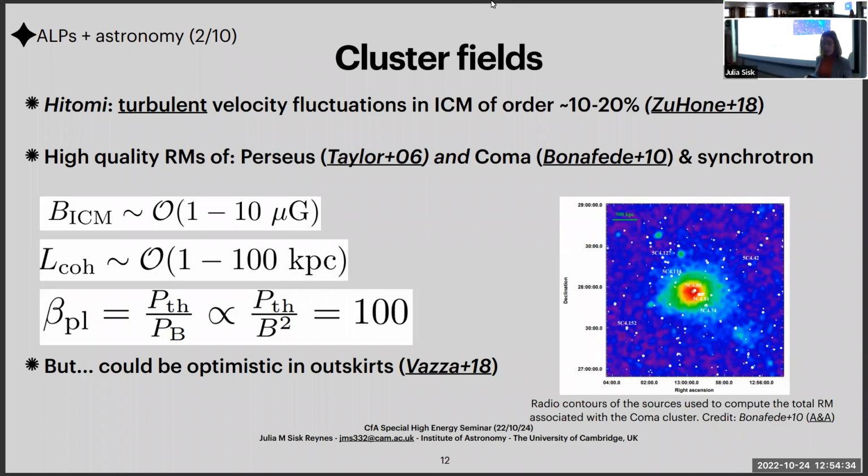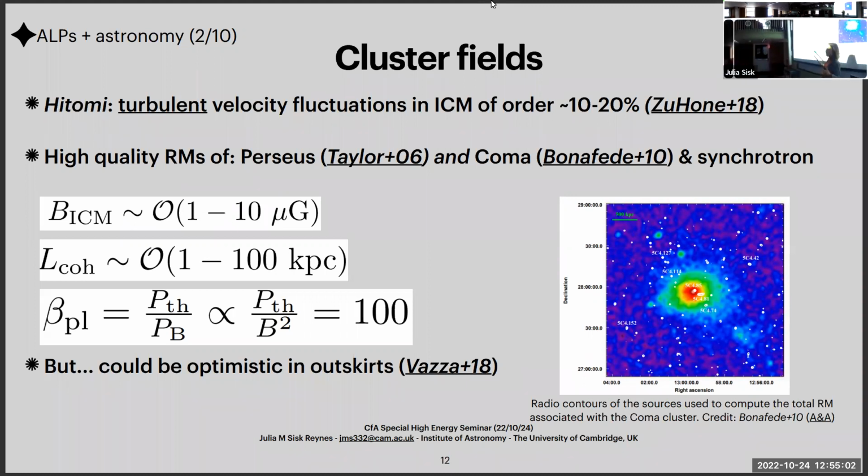And the type of field strength that we have in the ICM, in the inner regions of richest clusters, reach tens of microgauss. We believe that cluster field strengths should be coherent within tens of kiloparsecs.